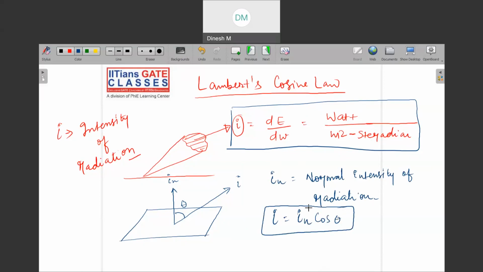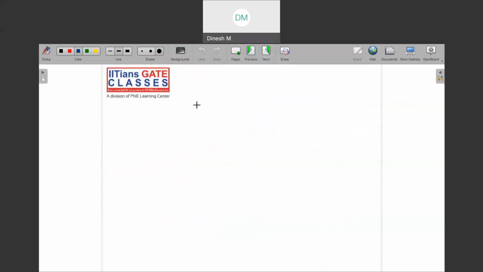Now, if you are willing to find out the emissive power, one relation we have seen is that I is equal to dE upon dW, right? So can I write that dE, if you integrate, is nothing but energy only, right?